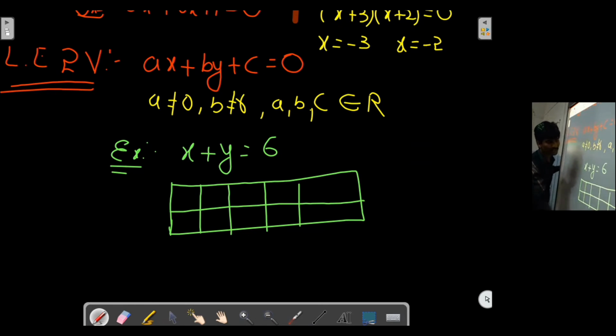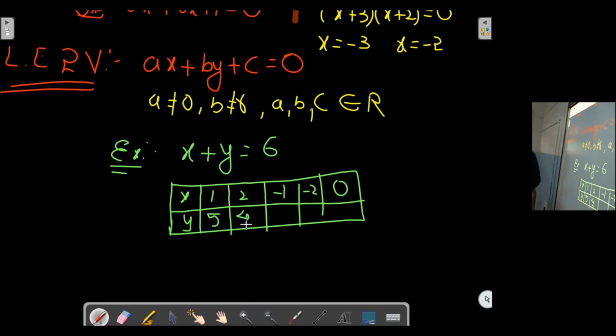So this is the x value, this is the y value. Suppose x is the independent value. Independent means you can take any real number here. So you take 1, 2, sometimes -1, -2, sometimes 0, whatever numbers you like. If x is equal to 1, then y is equal to 5. If x is equal to 2, y is 4. Similarly you keep writing like this.